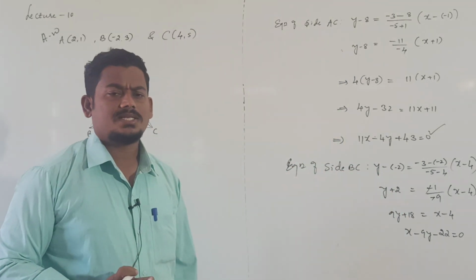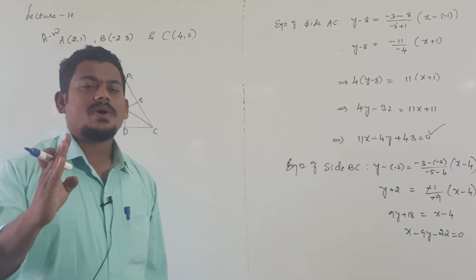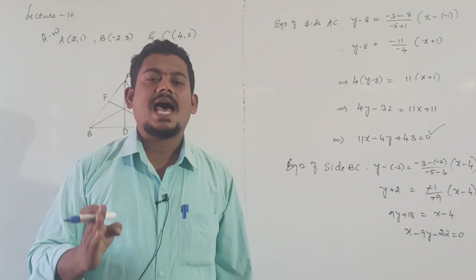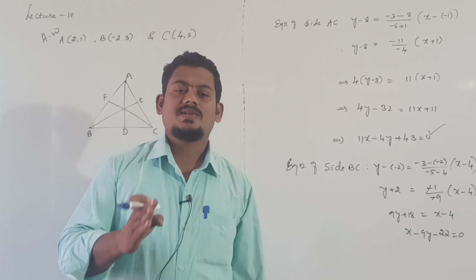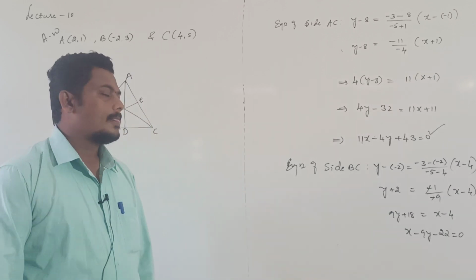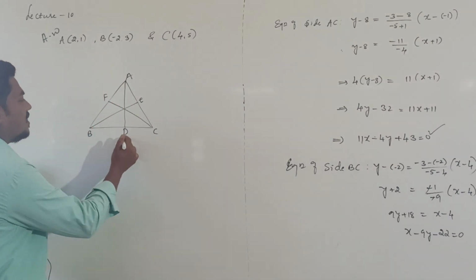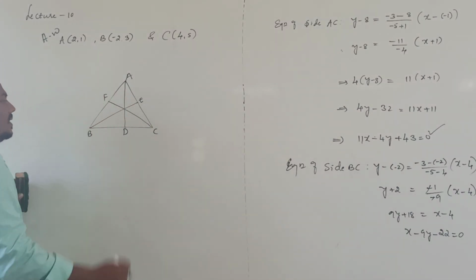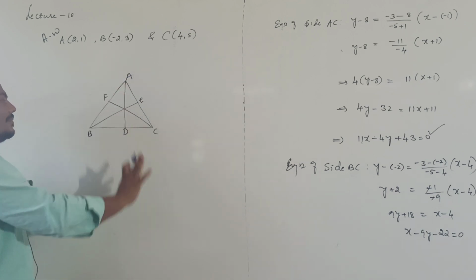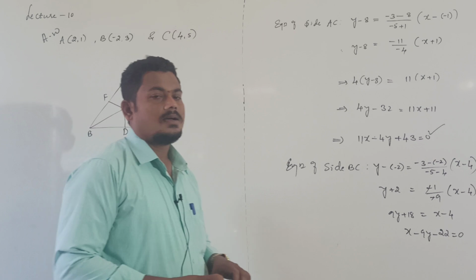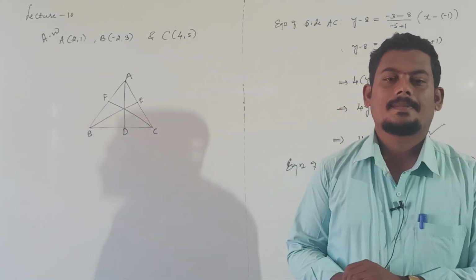Remember its definition. A straight line passing through the vertex and the midpoint of the opposite side is known as the median of the triangle. Clearly D is the midpoint, E is the midpoint and F is the midpoint. Then AD, BE and CF are medians. Clear?